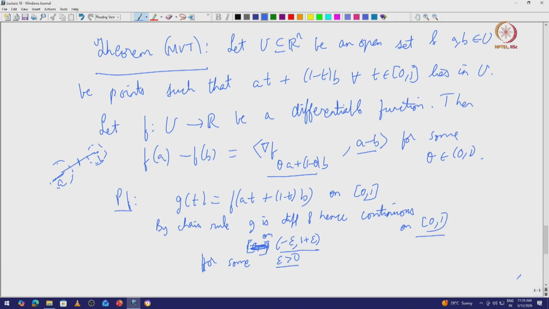This is a very important point to note, right? Why would you expect it not to be true for vector valued functions? The point is, of course, you would argue that why not use this theorem for each component of a vector valued function. That is perfectly reasonable, of course. The trouble is, when you use it on each component, the theta that you get here will depend on the component. It can vary from component to component. So a single theta may not work.